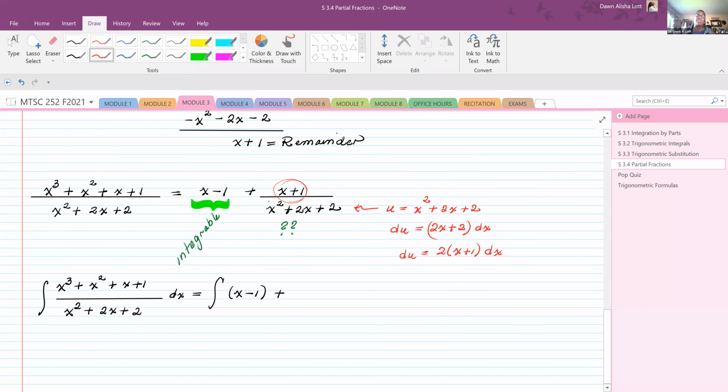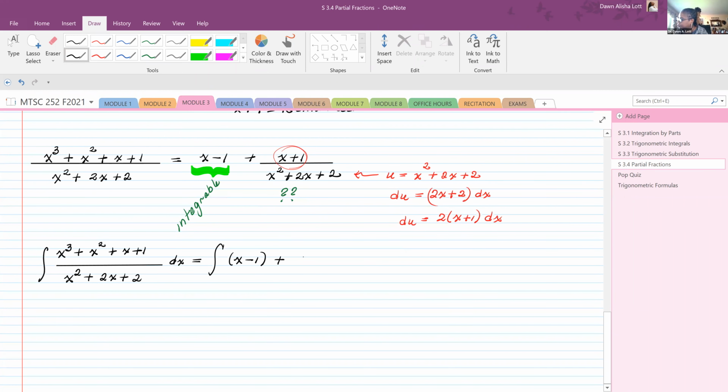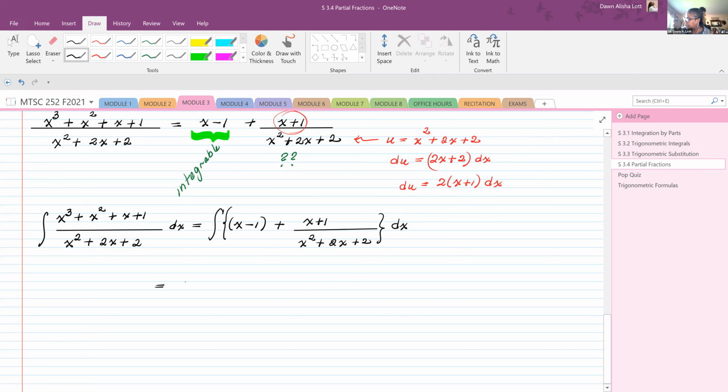So its derivative is sitting on top, divided by x squared plus 2x plus 2 dx. So this is now x squared over 2 minus x. And this last piece is 1/2 the natural log of x squared plus 2x plus 2.